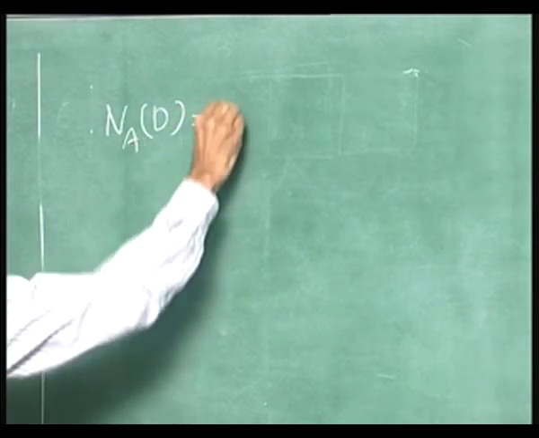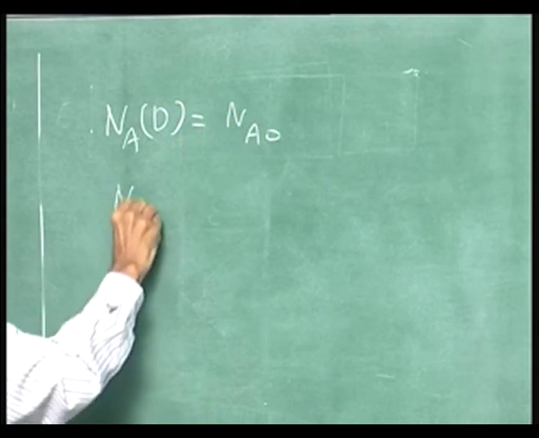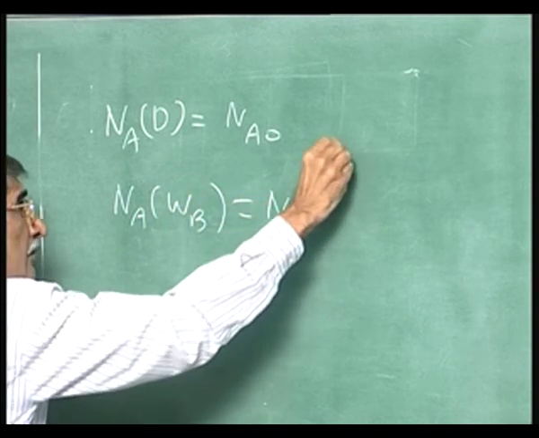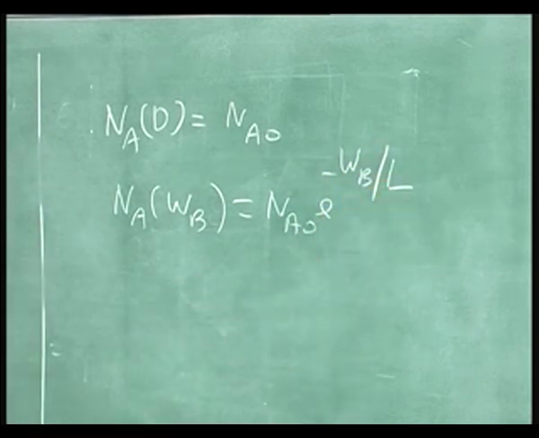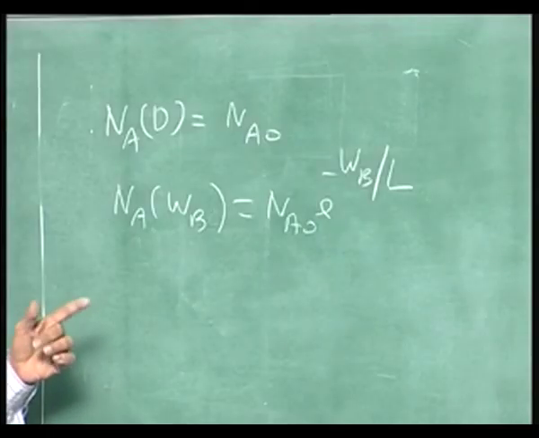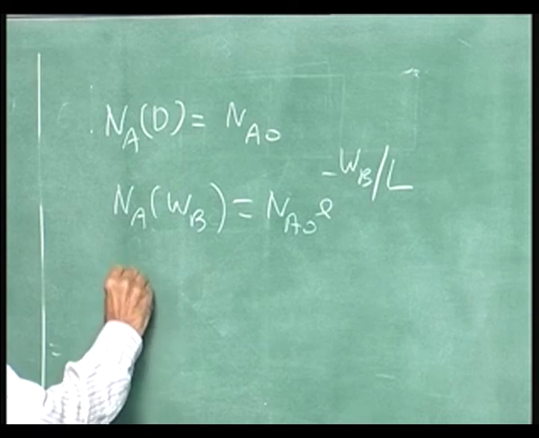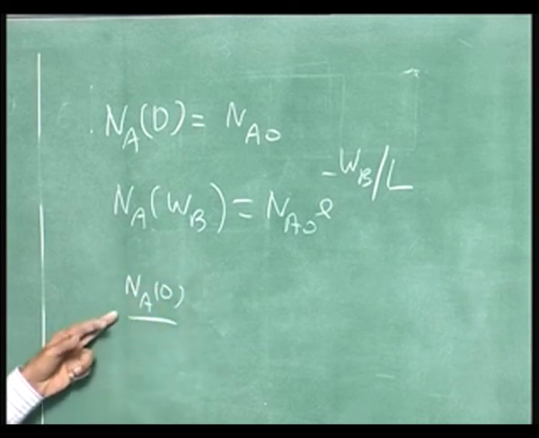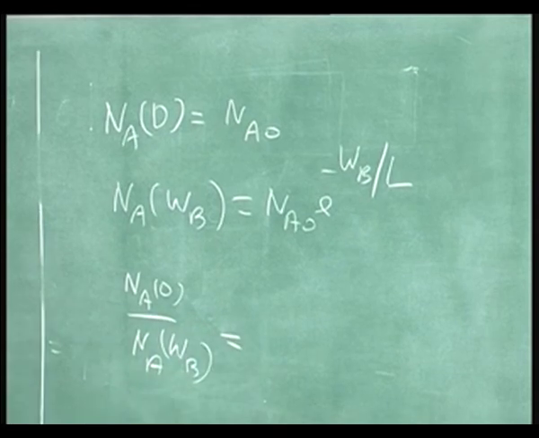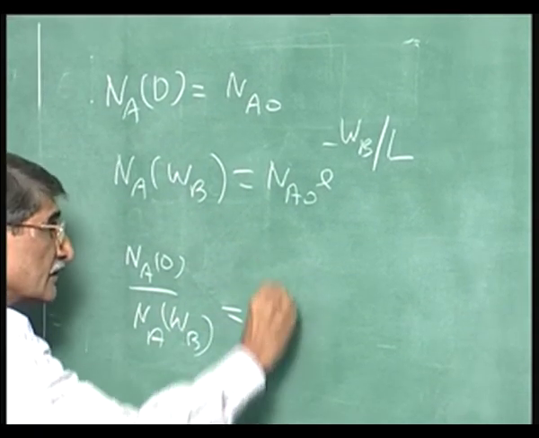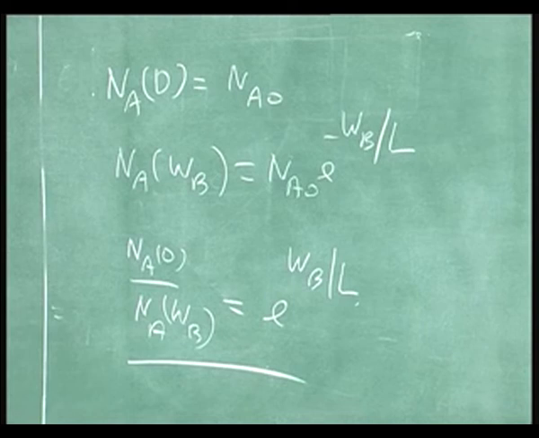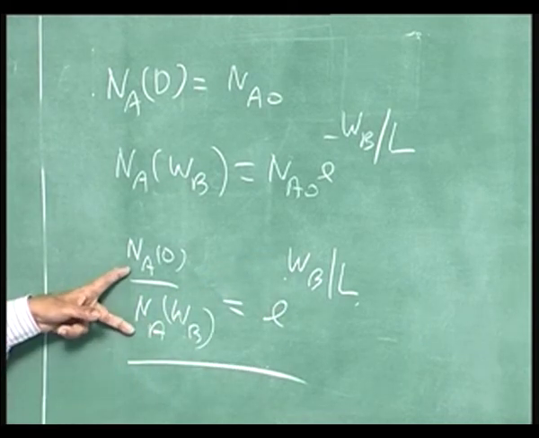Na at Wb is Na0 into e to the power of minus Wb by L. What I am getting at is that the field depends upon base width and L. Therefore, Na naught, the doping at the emitter base junction edge, divided by Na at Wb is actually equal to e to the power of Wb by L. So, this Wb by L depends upon the logarithm of that.